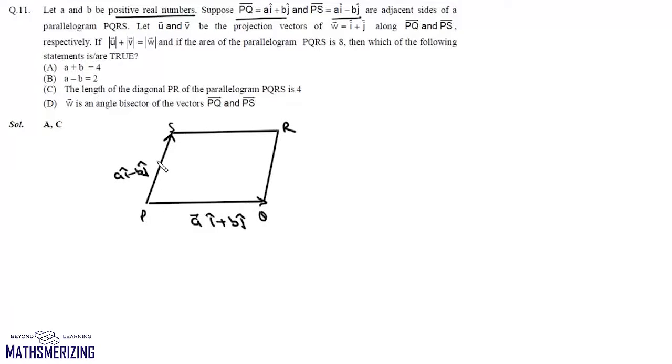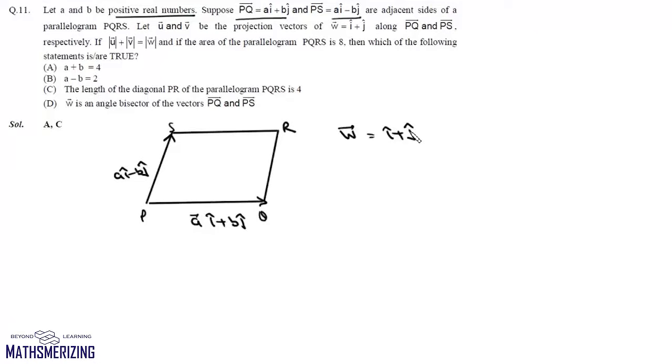Let U and V be the projection vectors of W, which is I plus J, along PQ and PS respectively. If mod of U plus mod of V equals mod of W, and if the area of the parallelogram is 8, then which of the following statements is or are true?